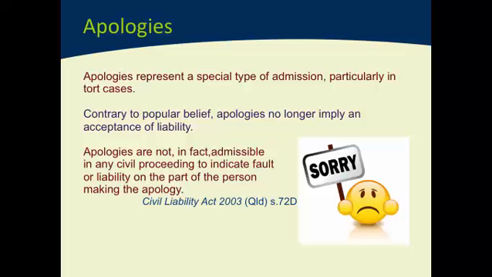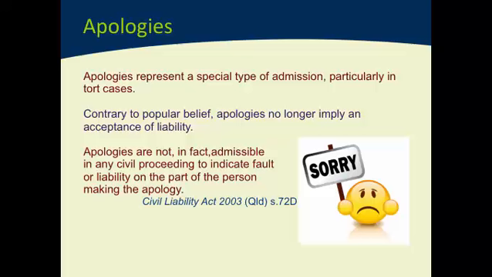In all Australian jurisdictions now, the law has been changed so that apologies are no longer admissible in any civil proceeding to indicate fault or liability on the part of the person making the apology. So if two people are in a conflict and one person says, I'm sorry, that doesn't change anybody's legal position at all.